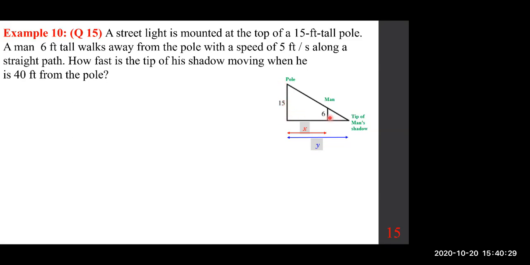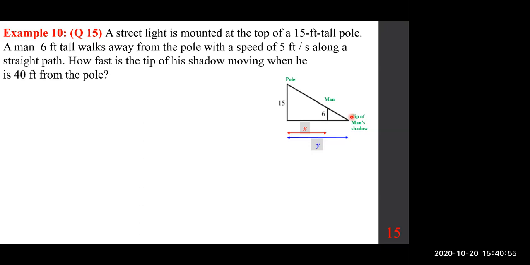The man is 6 feet tall and is moving at a speed. If we call the distance x, the speed is dx/dt, or 5 feet per second. Now the tip of the shadow is moving at a different speed, and we don't know it. You can even imagine that you're moving and what happens to the tip of your shadow.